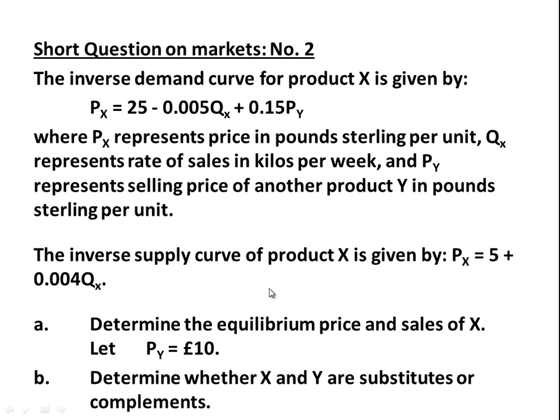And that makes it a lot simpler, and we're going to then determine whether or not X and Y are complements. In fact, the trick is you can actually tell by the nature of the sign, but we'll show you how to do it properly because we've got an inverse demand curve and we want to show it as Q as a function of P rather than P as a function of Q.